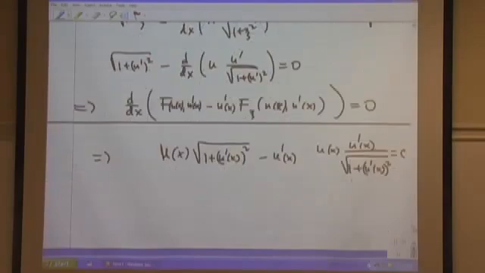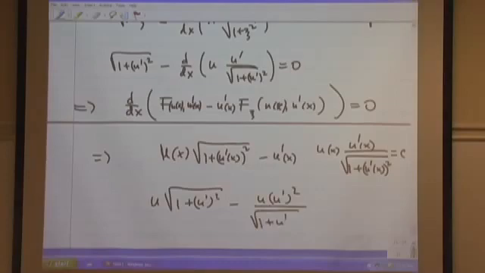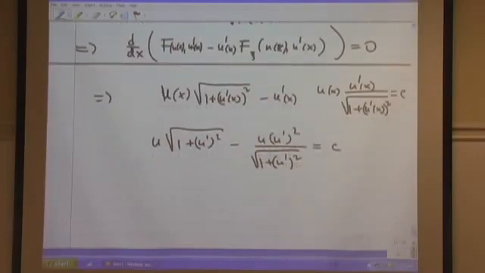So this is a constant thing, right? If you suppress the argument x, it's just going to look like this: u times the square root of 1 plus u prime squared, minus u times u prime squared over the square root of 1 plus u prime squared, equals constant. Okay?